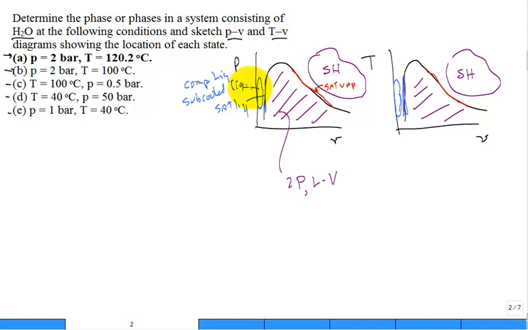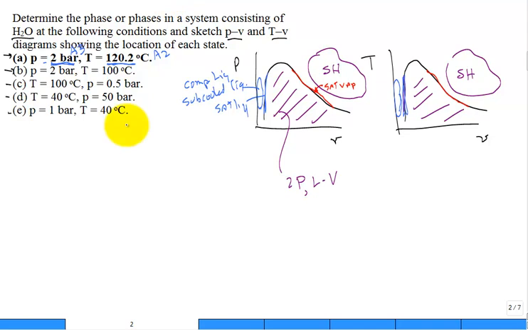Okay, so there's our PV and TV diagram. So what we want to do is look at 2 bar, 120.2 degrees C. Because they give us an even pressure of 2 bar, and this temperature is not an even temperature, I would prefer to go to table A3 instead of table A2 and then make a comparison.